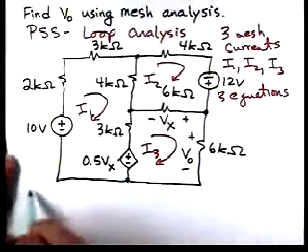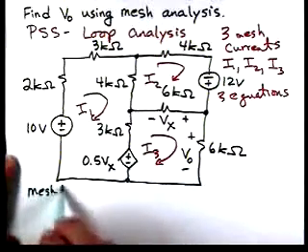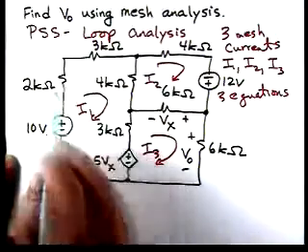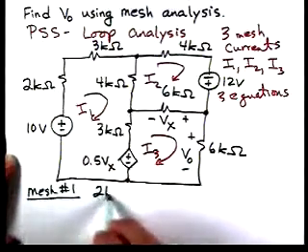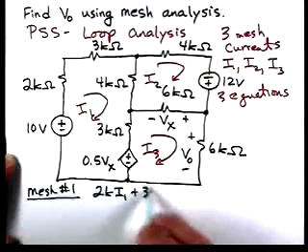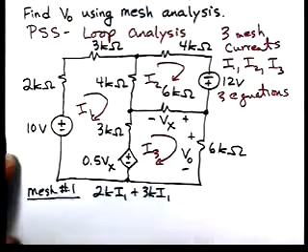With mesh number 1, we'll start here. We'll have 2K I1 plus 3K I1.